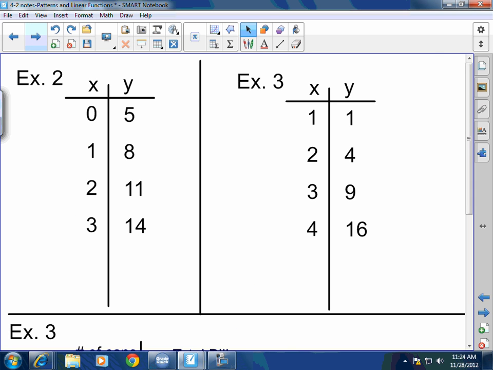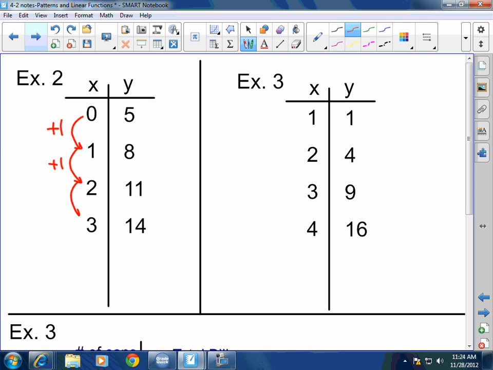Example 2. What did I do to 0 to get to 1? And then? Okay. What did I do to get from 5 to 8? And then? So is this a linear function? Okay. What did I do from 1 to get to 2?